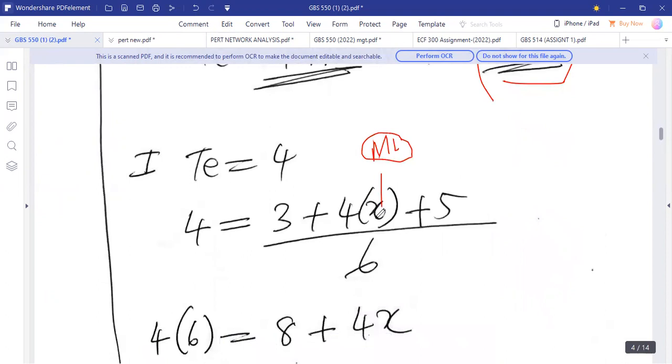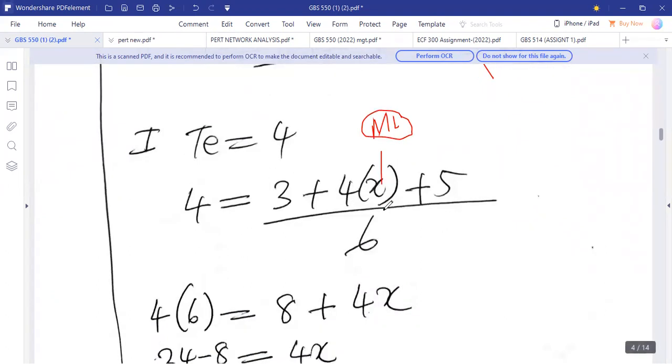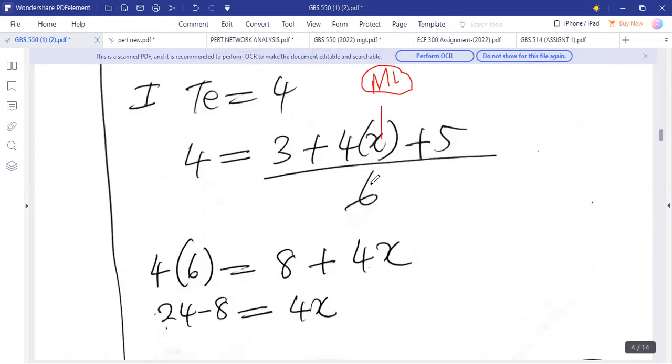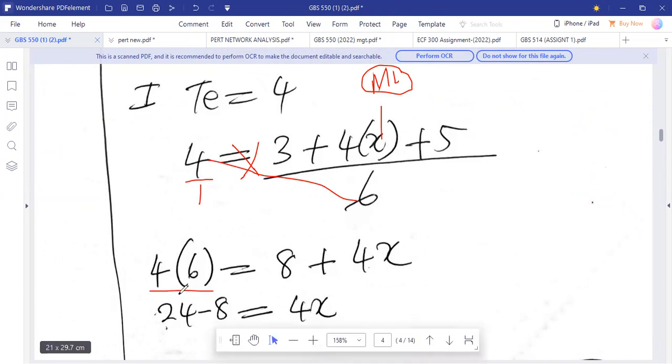Okay, all right then. So now here, how will we get the most likely? We are trying to make the subject of the formula. So this one, the time expected was given as 4. This 4 is same as 4 over 1. So when we cross multiply, we're going to have a 6 and a 4, which is here.